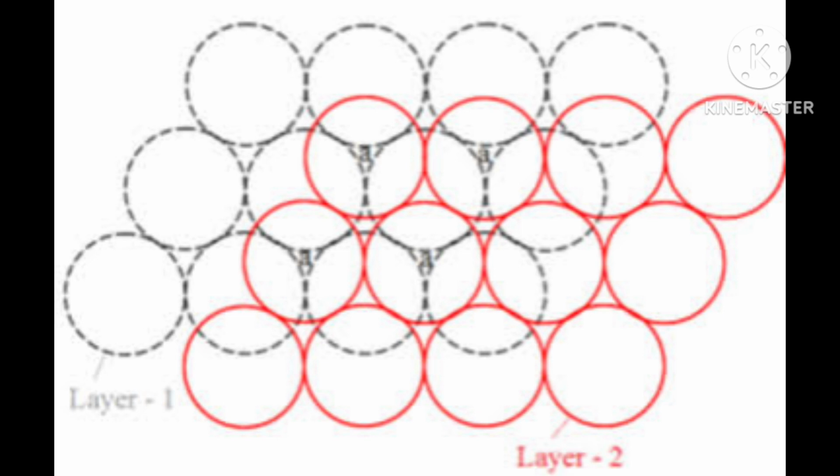Okay. And now in the second structure you can see both are touching each other. Correct? If both touch, then you can't see that hole. Only from the upside you can see it, if it is common.